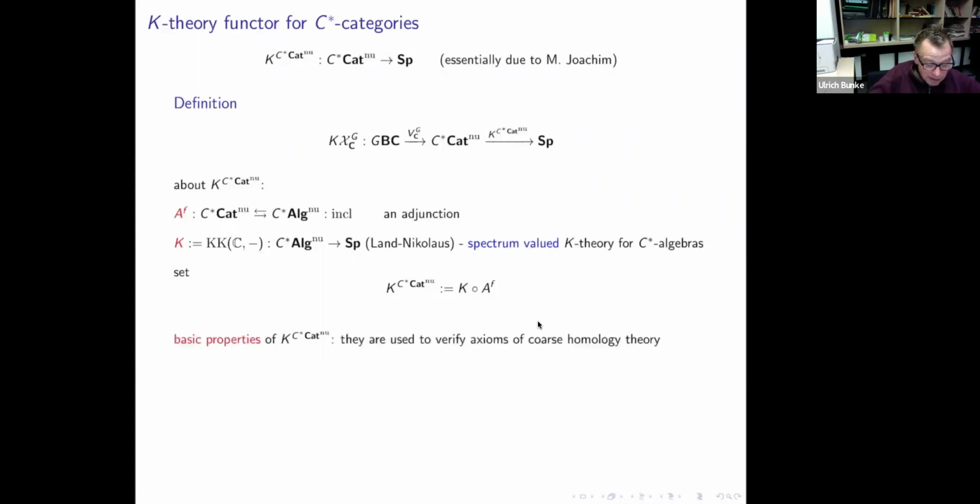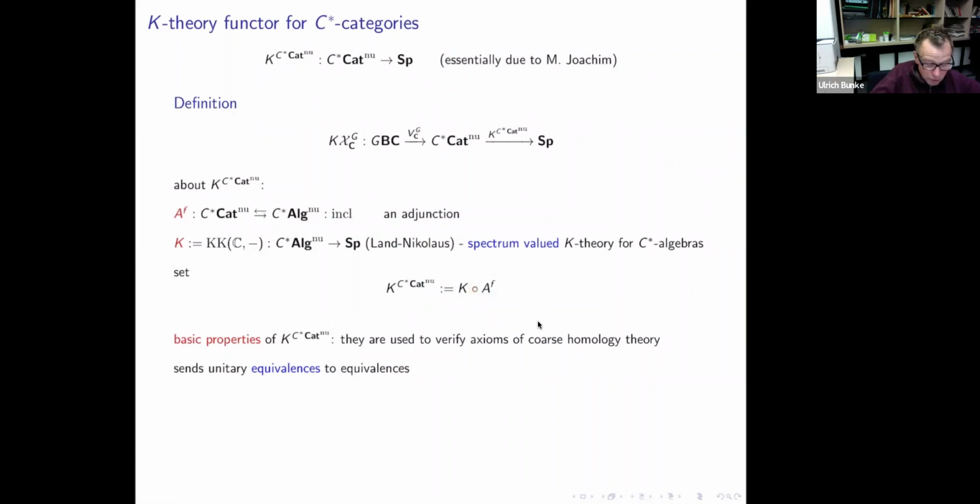And now, again, I need some properties of this functor in order to verify the axioms of a coarse homology. So let me just list them. Of course, this functor sends unitary equivalences between C-star categories to equivalences. It's not obvious from this definition, so one has to work a little bit to show this, because this AF does not really interact well with unitary equivalences.